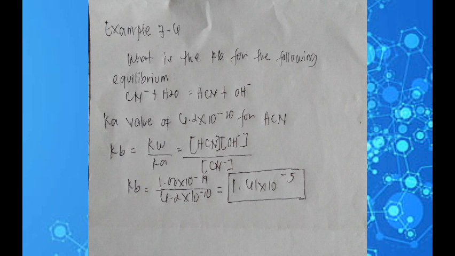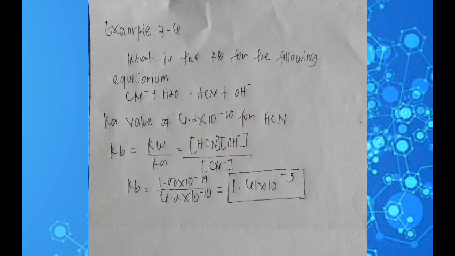So ang solution is that ang appendix 3 lots of Ka value na merong 6.2 times 10 negative 10 para sa HCN, so that ang Kb equals to Kw over Ka is equal to HCN times the OH negative over divided by the CN negative. So yan ang ating magagamit. So dahil yan ang tinatawag na Kb expressions for the conjugate base of hydrocyanic acid, or ang equilibrium expressions for the weak bases uses Kb.